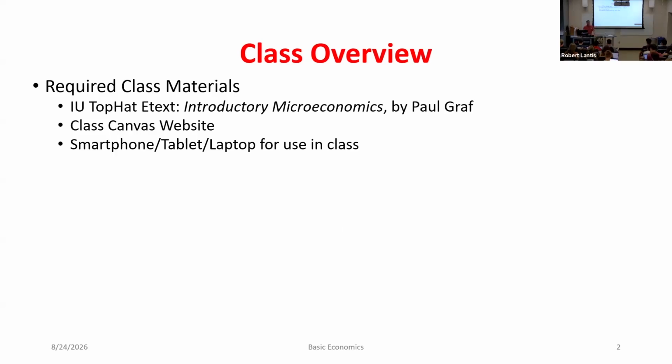I'll show you how we can access that website in a little bit. But if you had already registered for it, you're going to have to go back and register again. I apologize for that, but because of the change in class rosters, I had to resync it. Some of you that had registered before, it's going to kick you out and make you sign back in. If you have any questions on that, you can ask me after class or send me an email. This e-text we're going to use for the weekly module readings. So you do have to have the book.